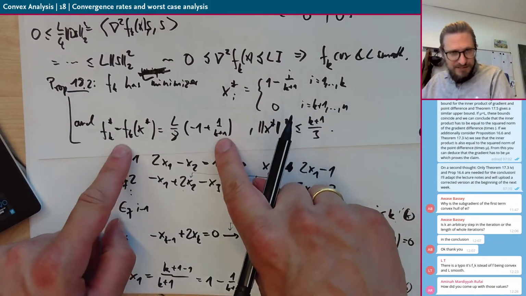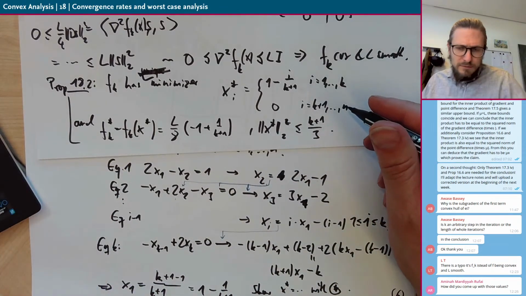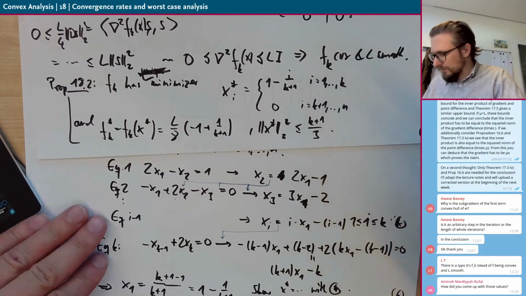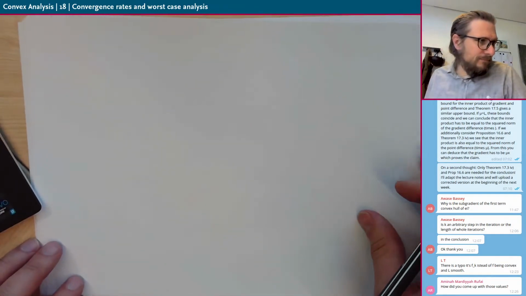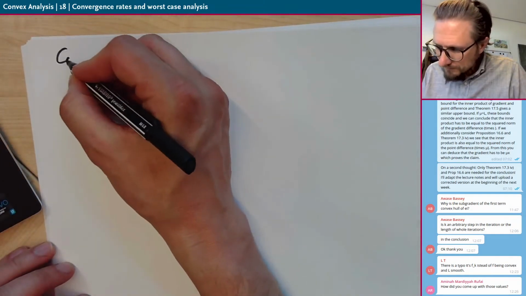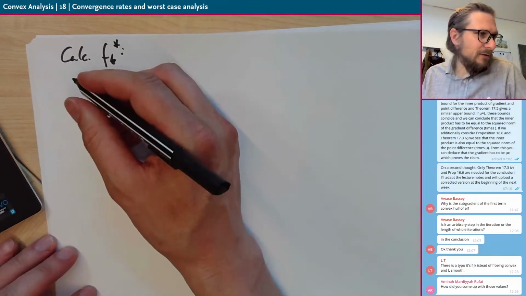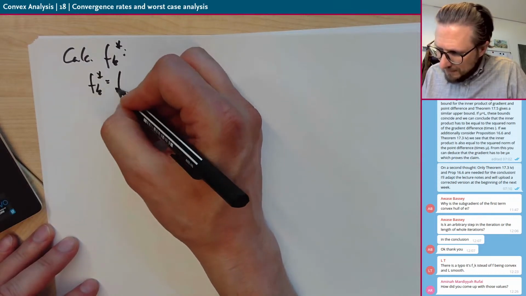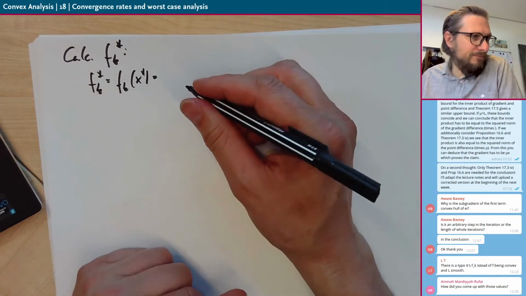Now we need to calculate the minimum value and the norm. So, calculating the minimum value: f_k star is equal to f_k of x star, and we now have the formula here.